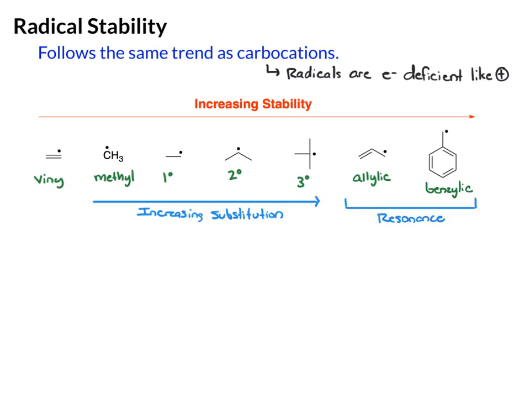Let's look at how we can draw a resonance structure for the allylic radical. So remember that this pi bond is really two electrons. So what we can do is take this electron right here, the radical, and I'm going to move it into the bond, and I'm also going to move one of these electrons from the pi bond into this bond on the right, and pair those up.